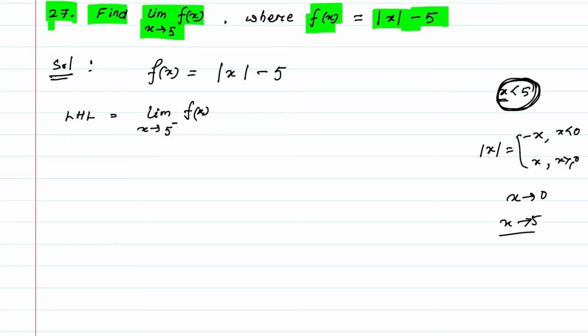We are going to find the limit of this function for x tends to 5. That's why in this case for both left hand and right hand limit we have to take positive value of x. Okay, we will take x as positive.